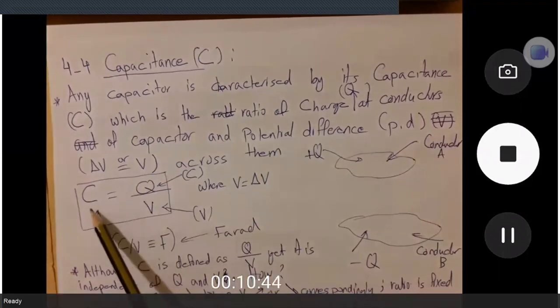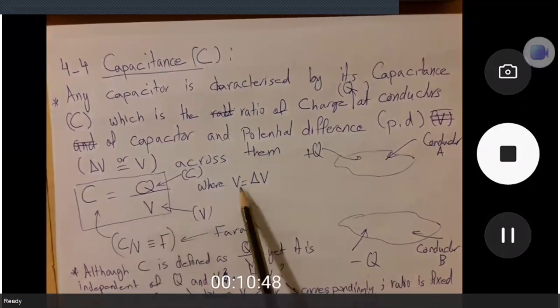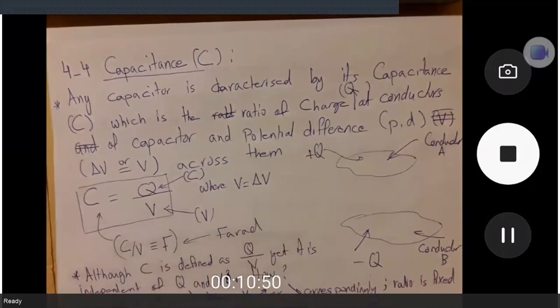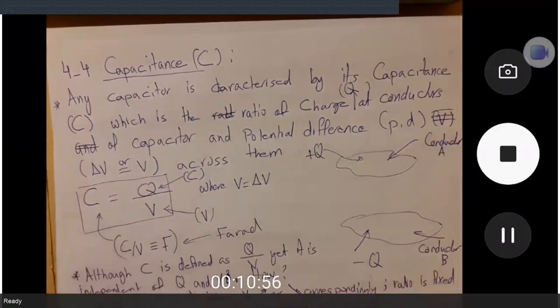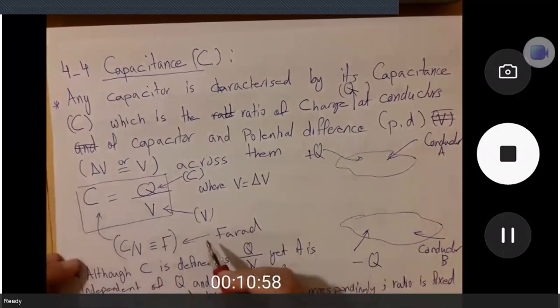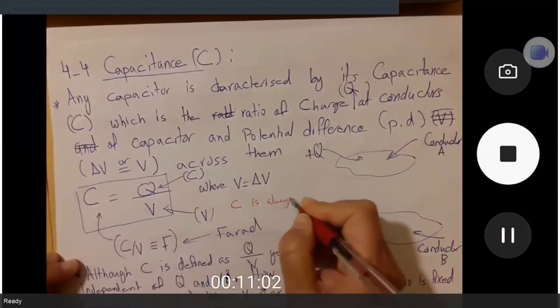So C is Q over V, where V is delta V. We know delta V can be positive or negative, but C is always positive.